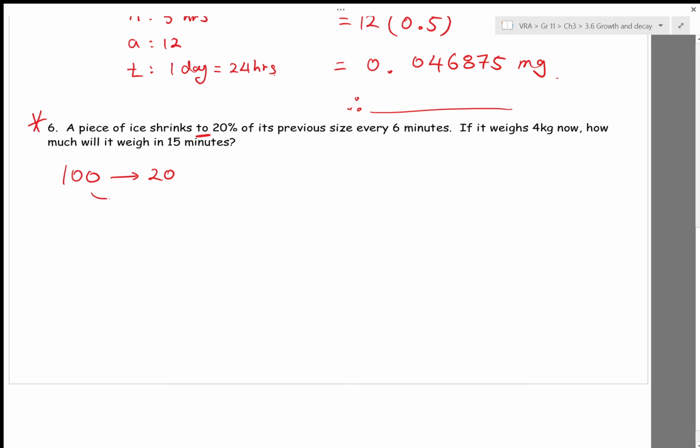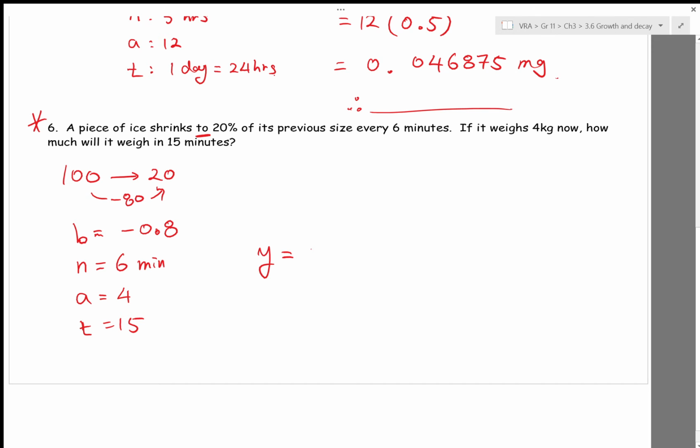It means that it's decreased by 80, right? So your B value is negative 0.8 in this case because it decreases by 80% so that it becomes 20%, right?